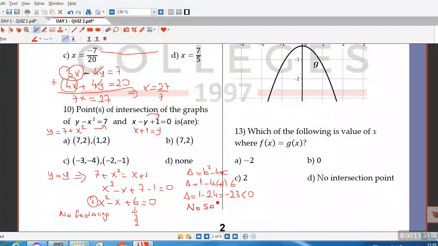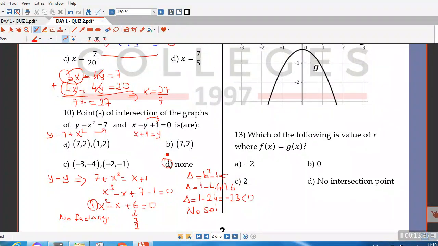So we cannot find any solution. If there is no solution, no x means no point of intersection.